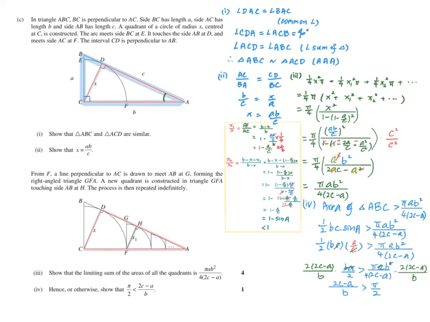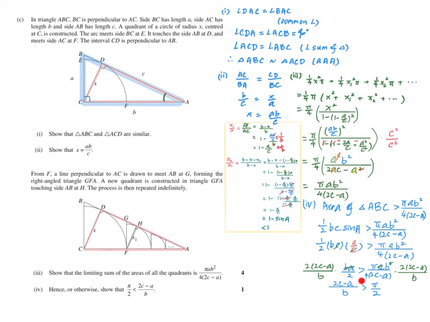Pi over 4, by multiplying 2, you would make it pi over 2. Then this b over 2c minus a has to disappear. Therefore, we multiply 2c minus a divided by b to cancel them out.